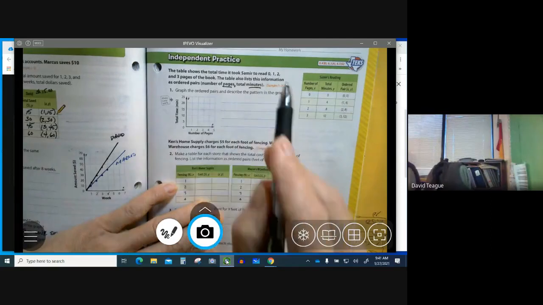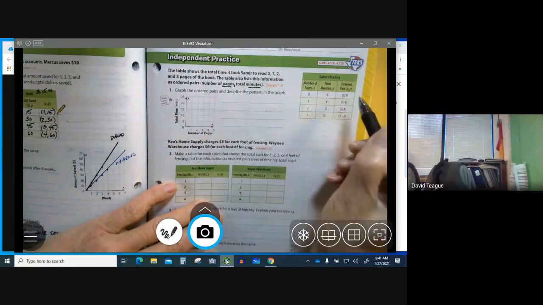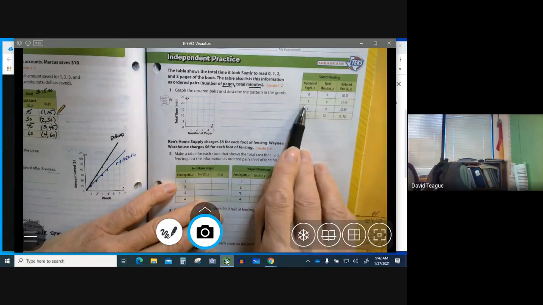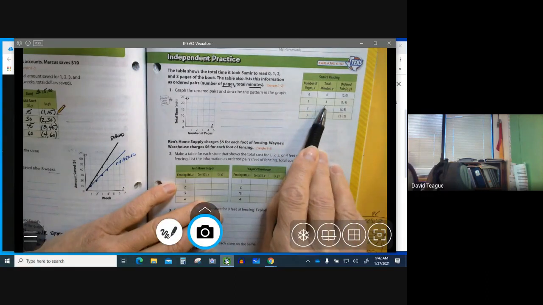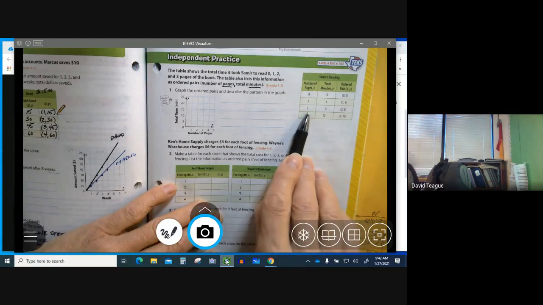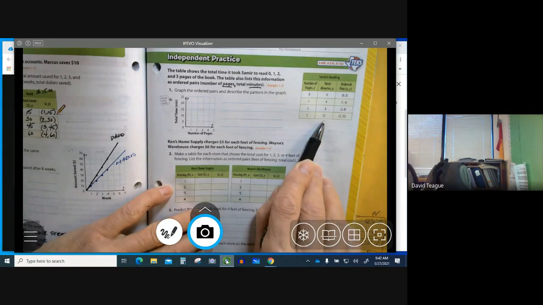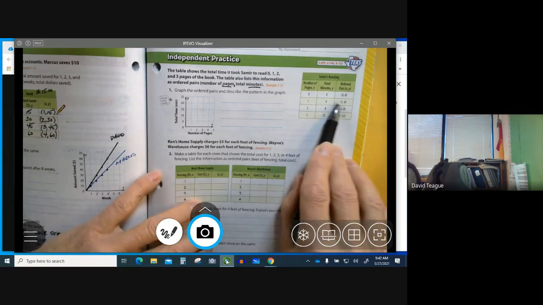Okay, so this is Samir. Here's 0 pages, which would obviously be 0, 0. But anyway, 1 page, it took him 4 minutes. Then 2 pages, it took him 8 minutes. And 3 pages, it took him 12 minutes. This is our ordered pair.